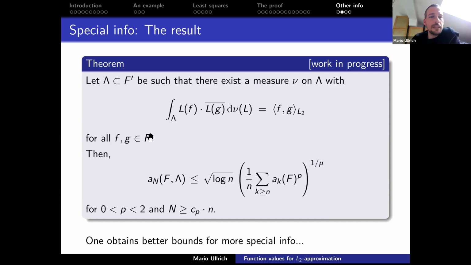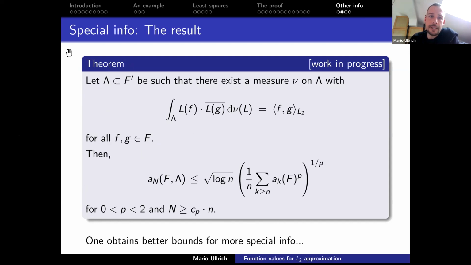That's not that ugly. What we prove is that for the same classes above, just take a countable set or just take an arbitrary separable metric space. If you have a subclass of linear functionals, such that there exists a measure on this class such that it can reproduce the inner product for all f and g, then you get exactly the same result for function values.